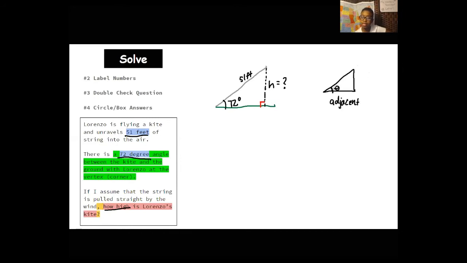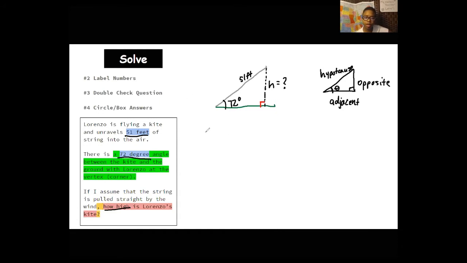The side that is across from the angle is opposite. And the other side of the triangle, directly across from the right angle, is called the hypotenuse.